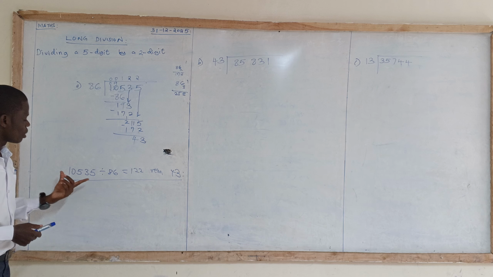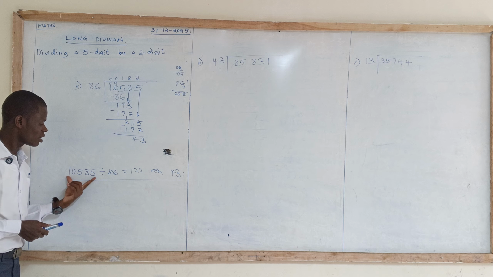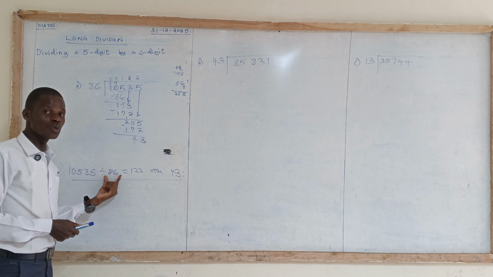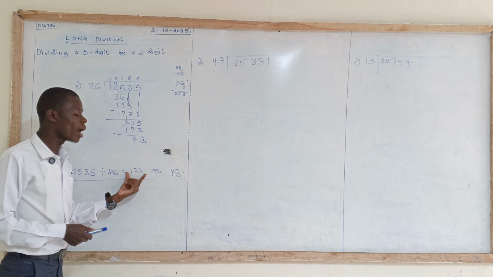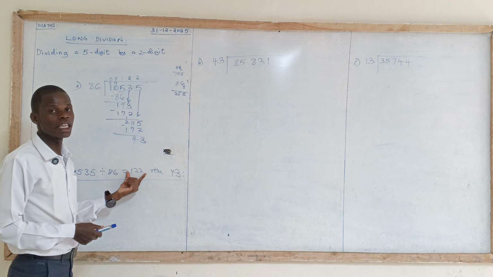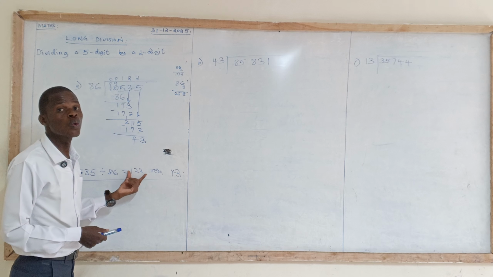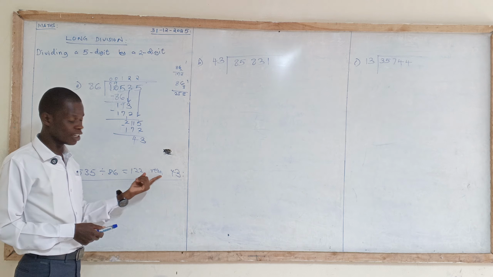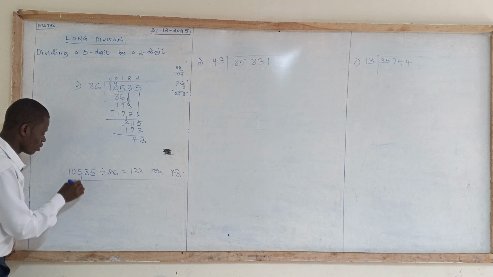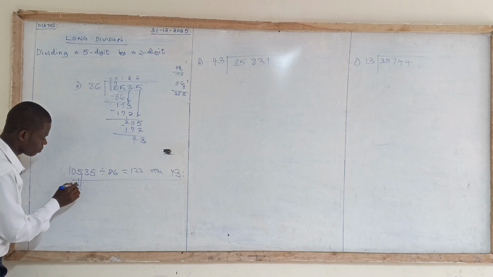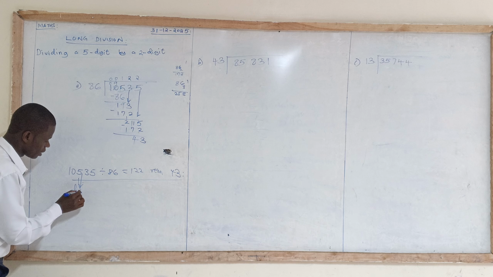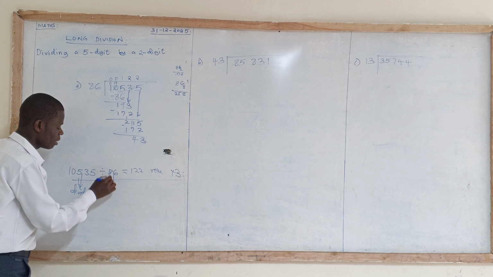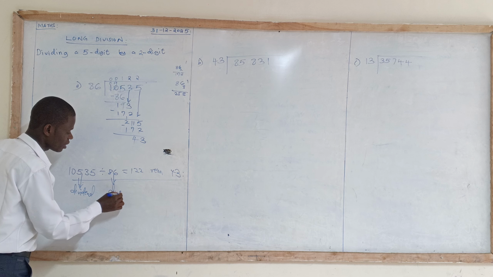So here, we can say the dividend, which is 10,535, divided by 86, which is the divisor, is giving us 122. 122 here forms our quotient. And this one is what remained here, so this is now the remainder. The names are still here. So let's call this the dividend, the number being divided, then the number dividing it is called the divisor.